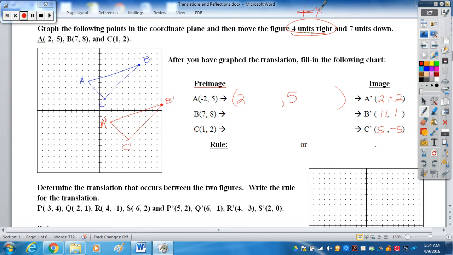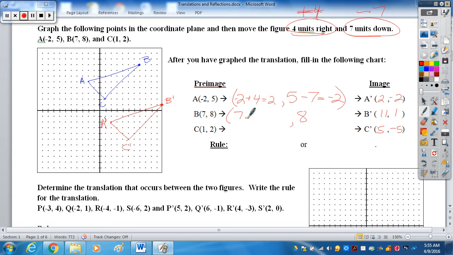And over here we're going down 7, so we should be thinking negative 7. Okay, so if I add 4 to negative 2, that gives you a positive 2. And if I subtract 7 from 5, that gives you negative 2. Okay? Let's do the same thing to this one and see if it holds true.